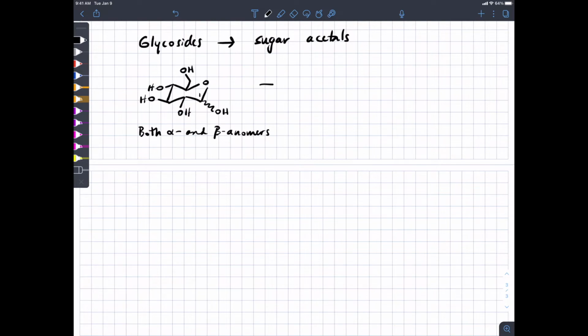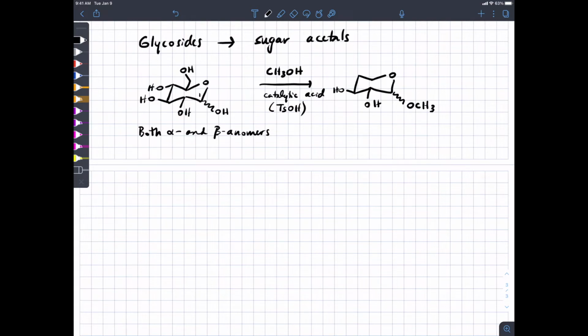So if you use an alcohol with catalytic acid, we've used toluene sulfonic acid before, but it could be something else, when you do this, you will replace the OH group on the anomeric carbon with a methoxy group from the alcohol.